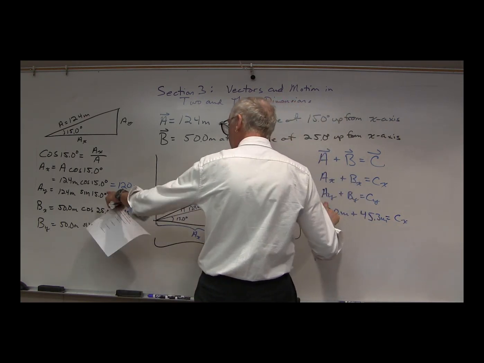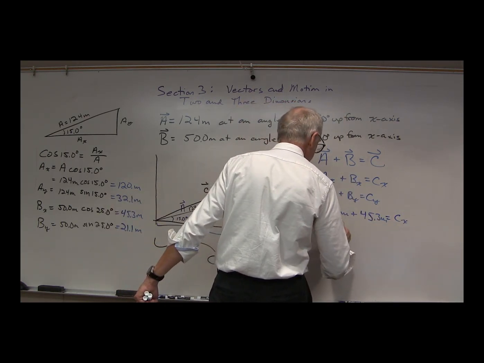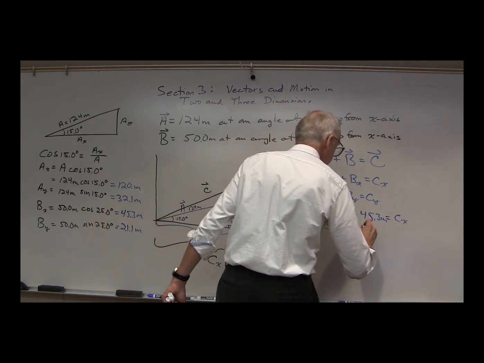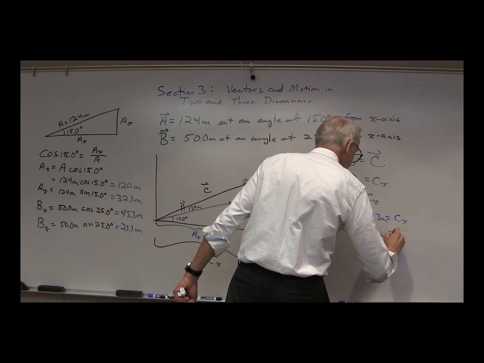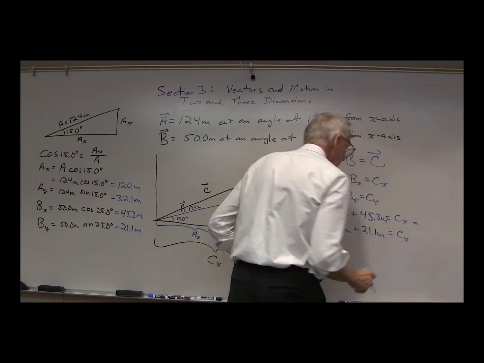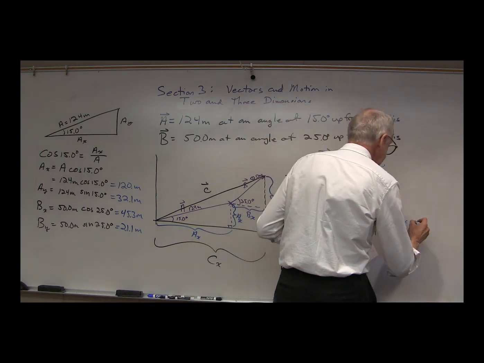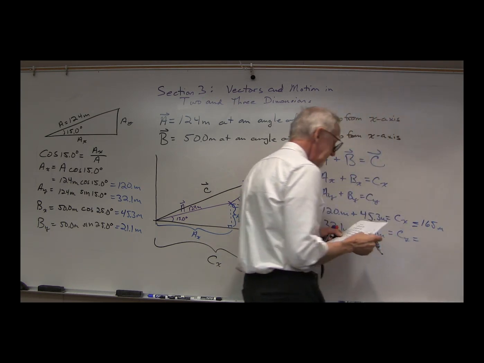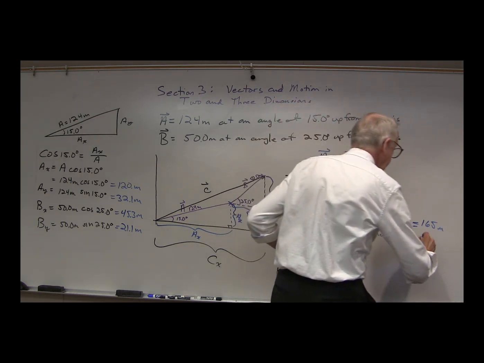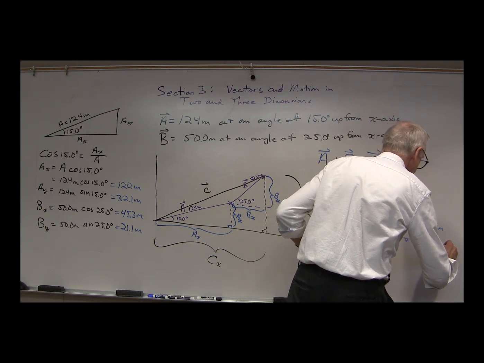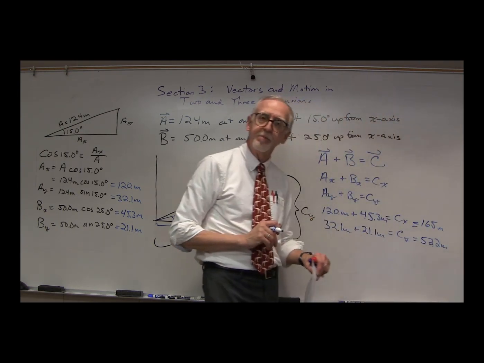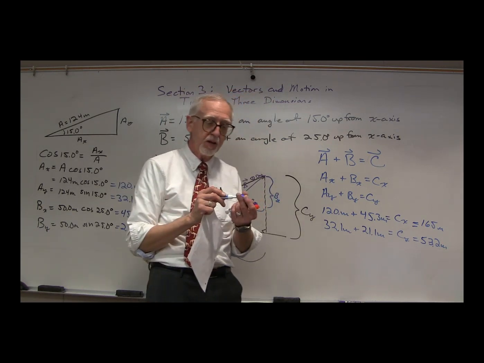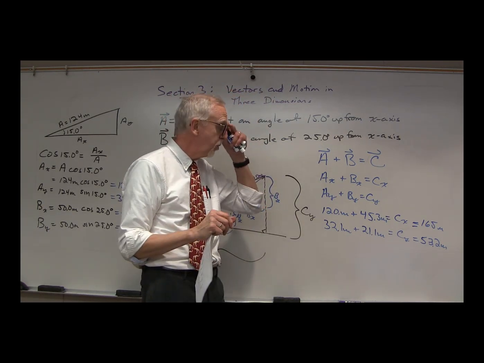And AY is 32.1 plus BY, which is 21.1. And that's going to be CY, which leaves us with CX is 165 meters. CY is 53.2 meters. There we go. We've done it. We've figured out the components of C, CX and CY.